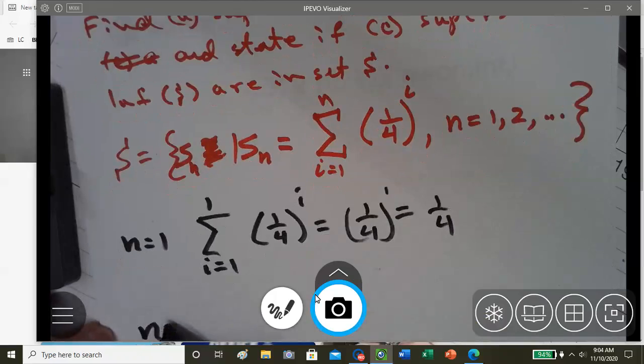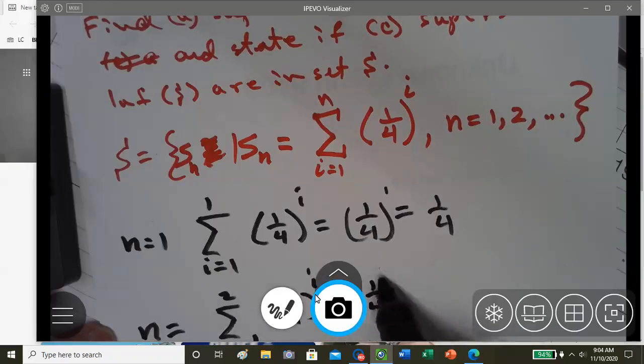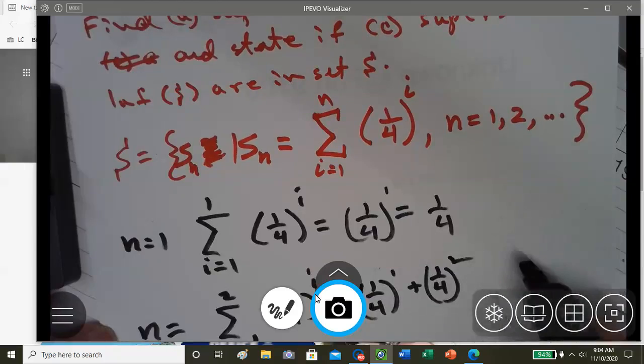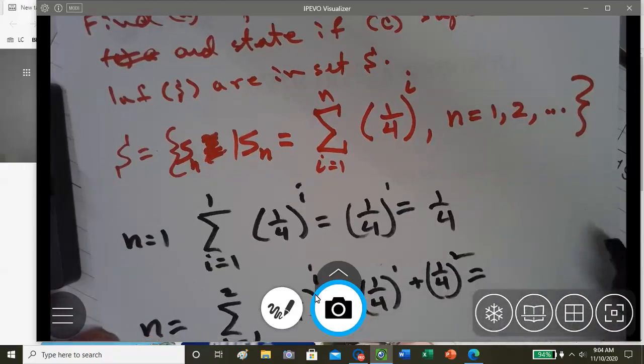So now if we went to n equals 2, i equals 1 to 2, and this would be 1/4 to the i, then that would be 1/4 to the 1 plus 1/4 squared, and so on.